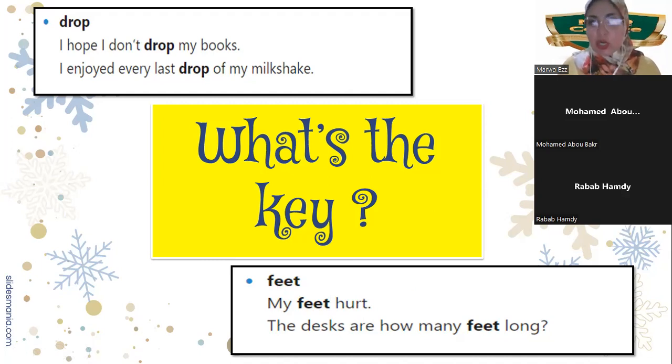They hurt me. But in the second example, the desks are how many feet long? Here, I can understand that there is something I can measure using this kind of measurement, feet, like inch, kilogram, kilometers, and so on. So the context of the sentence can help me to comprehend the meaning of the word.